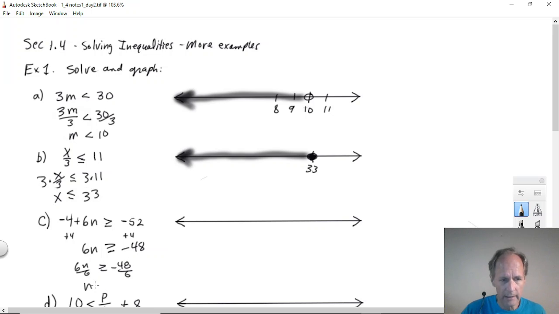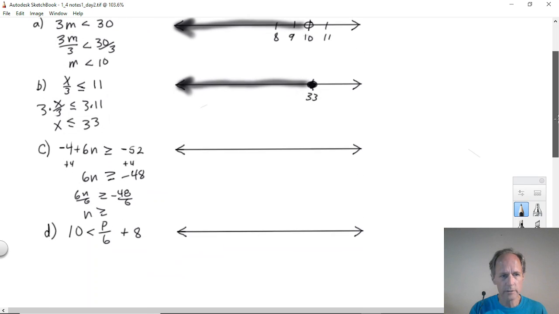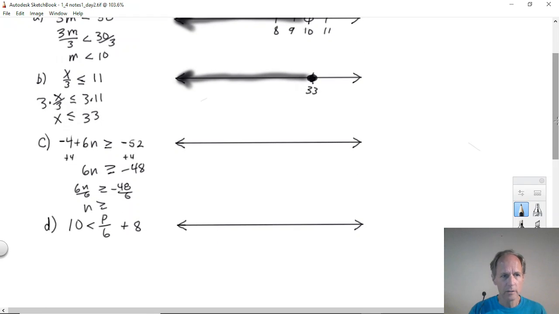And we get n is greater than or equal to, let's see, make a little more room here. Negative 48 over 6, negative 8. So that's the solution set. All the n's that are greater than or equal to negative 8.